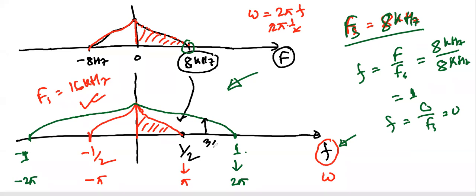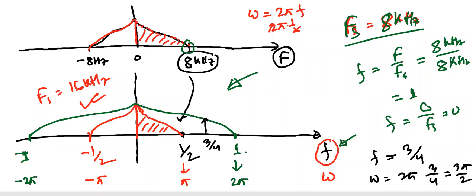So f is equal to 3 by 4, or omega is equal to twice pi times 3 by 4. That means 3 pi by 2.